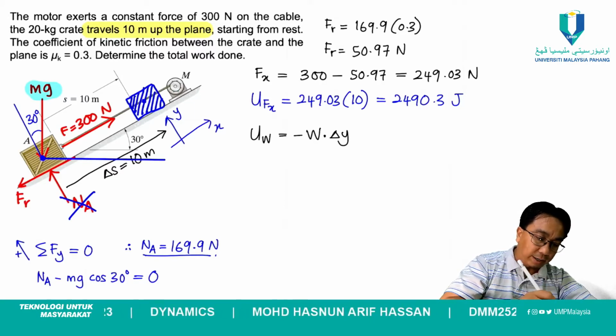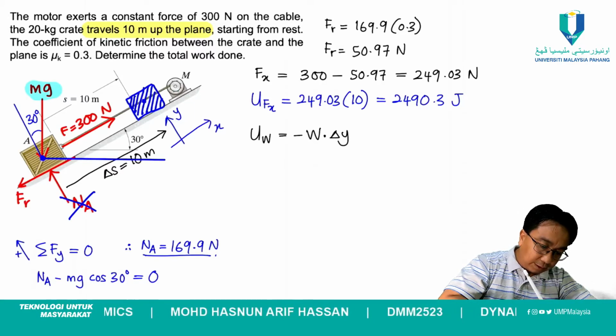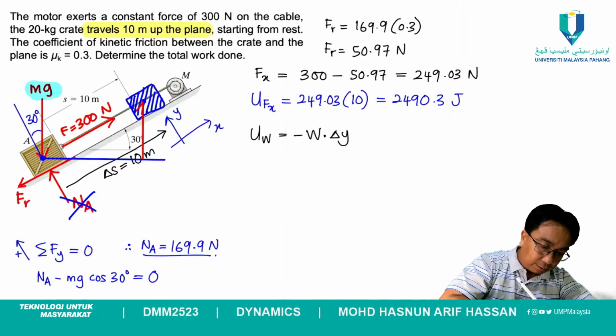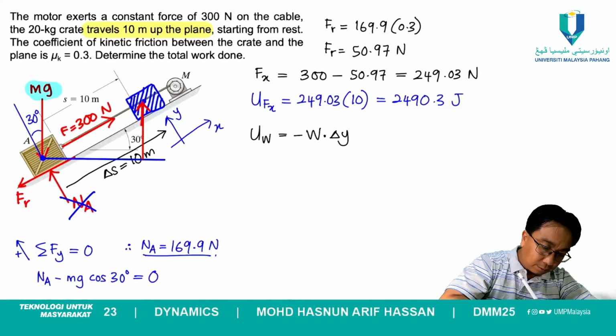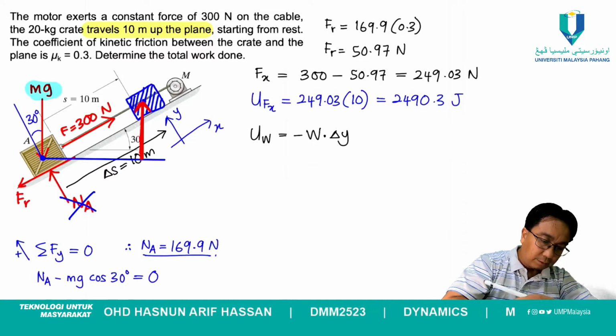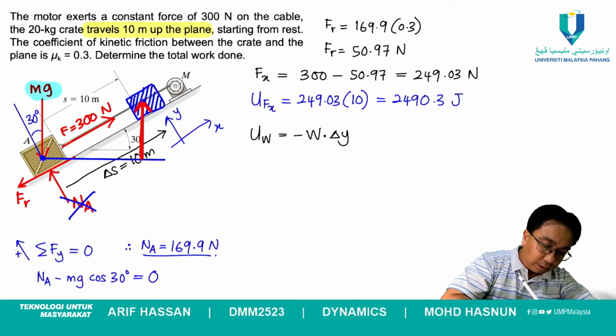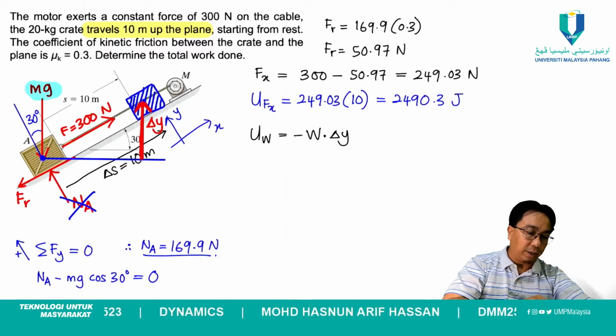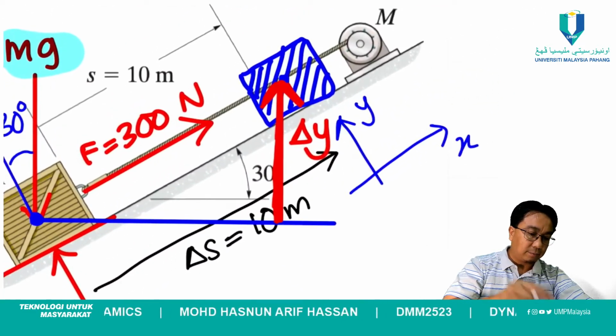So where is delta y? From this line to this will be our delta y. I have made it thicker in case you can't see it. So this will be our delta y going up. Delta y is going up. Can you see this?